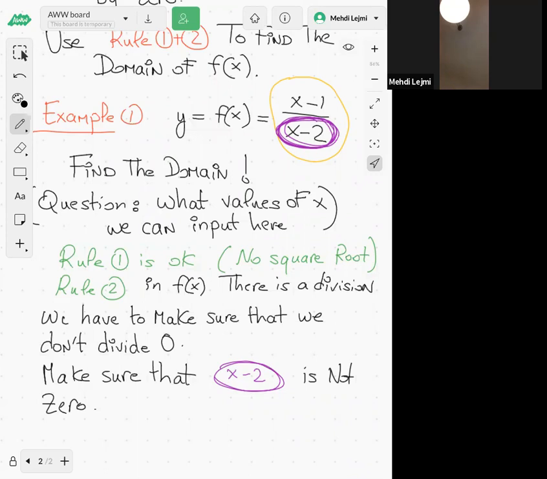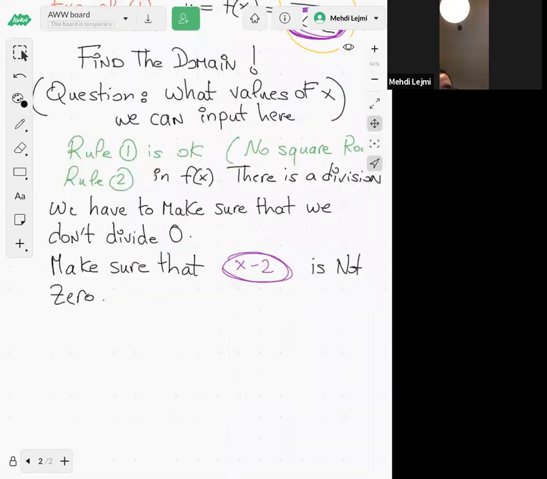Because again, we need to avoid division by 0. So I have to make sure that the value of x minus 2 is not 0. Okay, so we have to solve x minus 2 equal to 0.